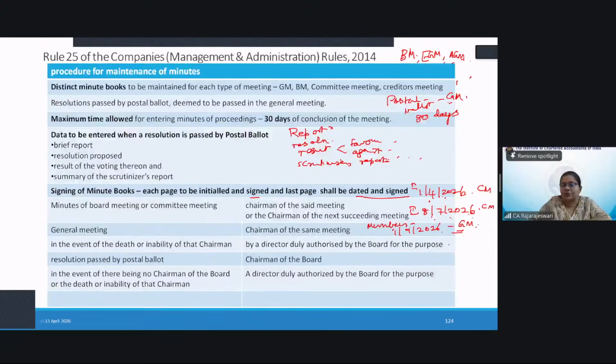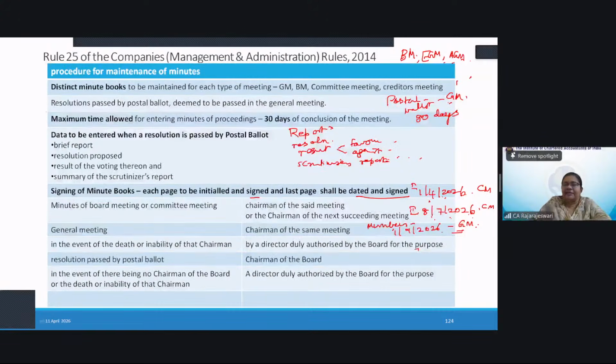Suppose minutes were not recorded, say it will take 3 days, then the chairman has left on a foreign tour and is back only after 3 months, or he is not available, or he retires. Anything can happen. In that case, we get it signed by the chairman of the next succeeding meeting.